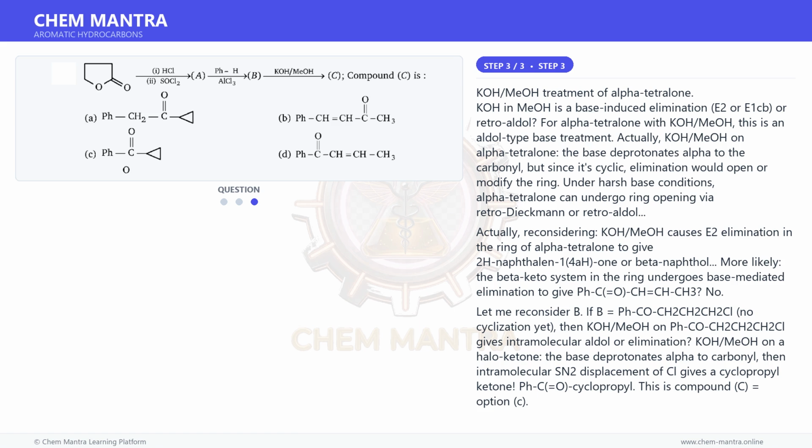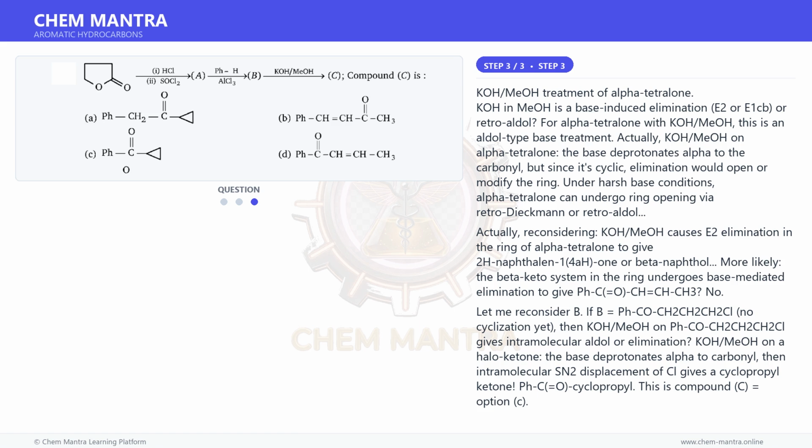Under harsh base conditions, alpha-tetralone can undergo ring opening via retro-Dieckmann or retro-aldol. Actually, reconsidering, KOH-MeOH causes E2 elimination in the ring of alpha-tetralone to give 2H-naphthalen-1,4-one or beta-naphthol. More likely, the beta-keto system in the ring undergoes base-mediated elimination to give PhC=O-CH=CH-CH3. No.